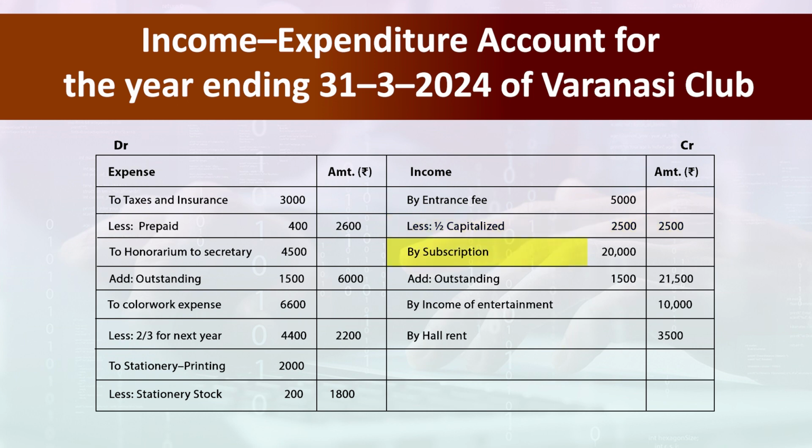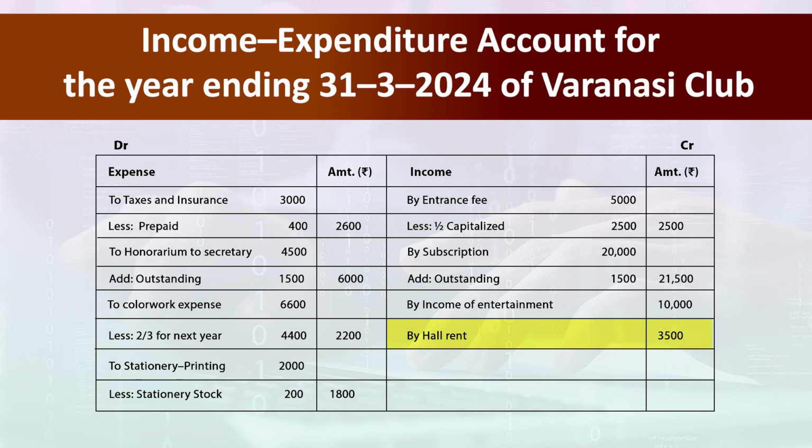Then we have the subscription amount of rupees 20,000. In it, we add outstanding subscription amount of rupees 1500. The total subscription amount is rupees 21,500.